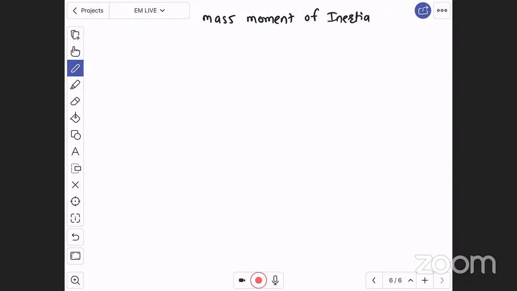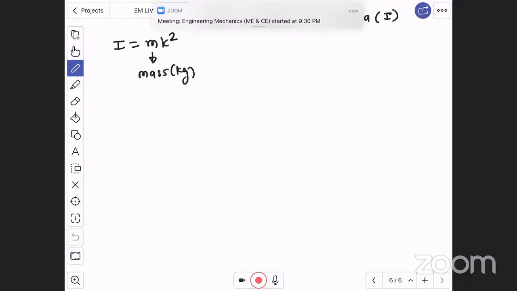Mass moment of inertia is represented by I. Mechanical as well as civil students have learned area moment of inertia in strength of material. But here we have to learn mass moment of inertia I. See, mass moment of inertia I is nothing but mk square, where m is mass, and the unit of mass is kg.